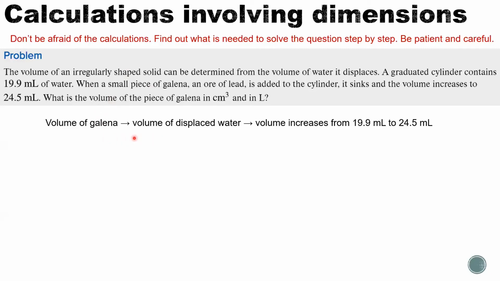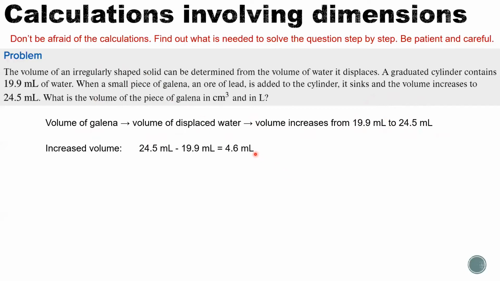So we need to find the volume of displaced water. From this question, the volume increased from 19.9 to 24.5 milliliters. So we can get the volume of galena by using 24.5 minus 19.9. The increased volume of water is actually the volume of the solid.